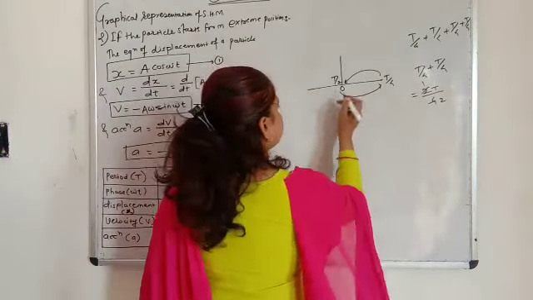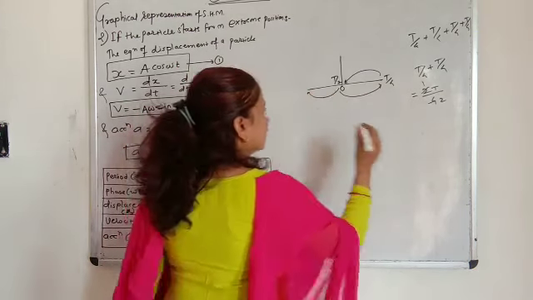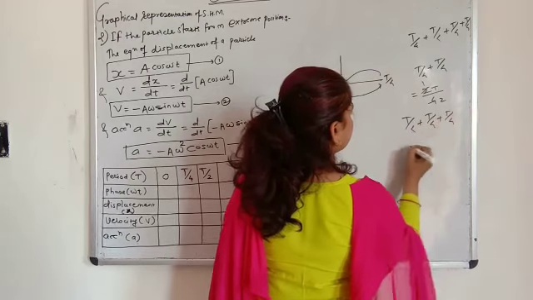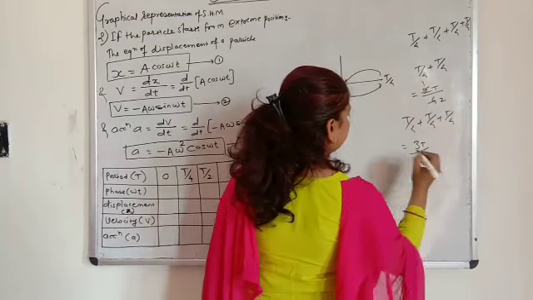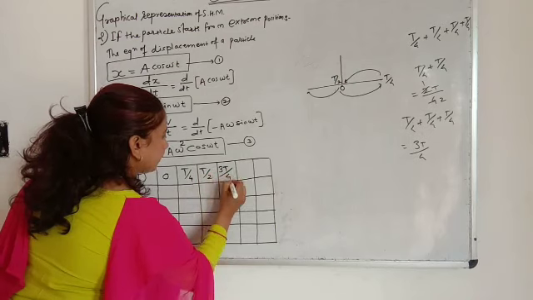Then again the particle moves to the next position, T by 4 plus T by 4 plus T by 4, so the time becomes 3T by 4. So here we put the time 3T by 4.